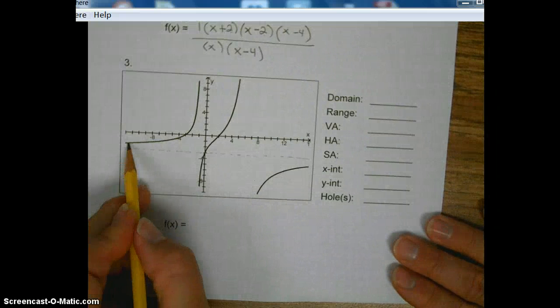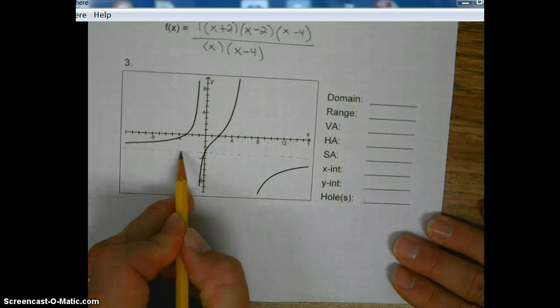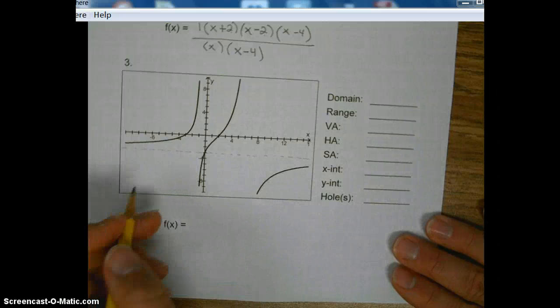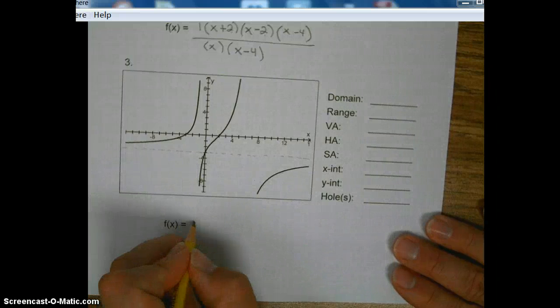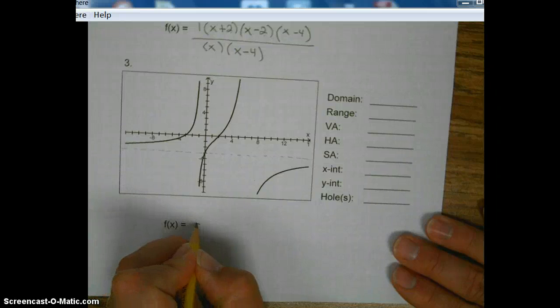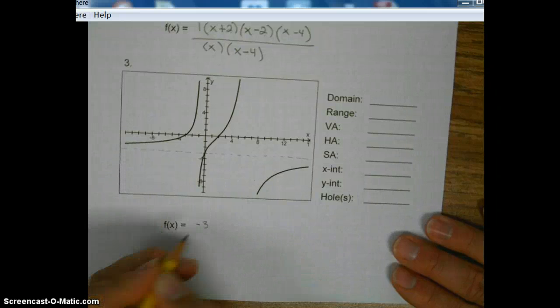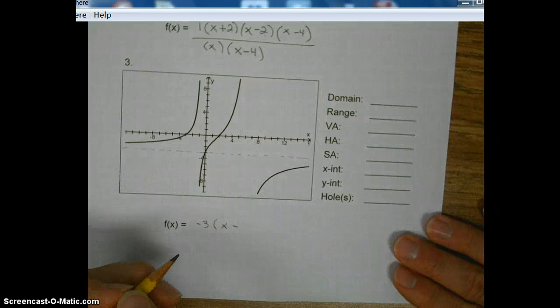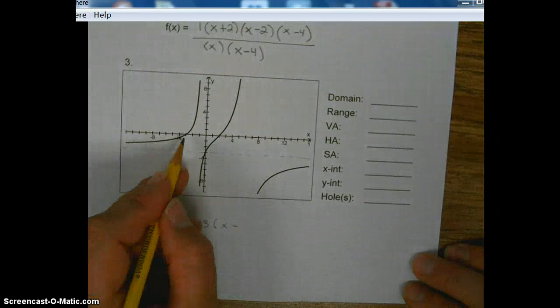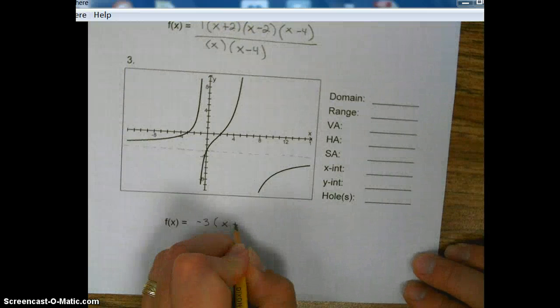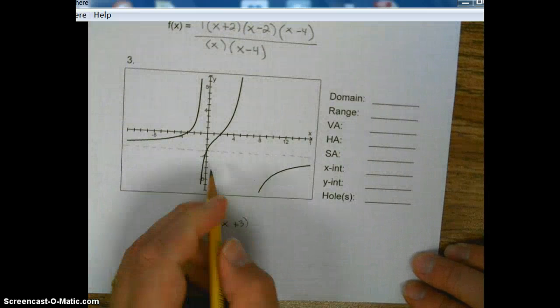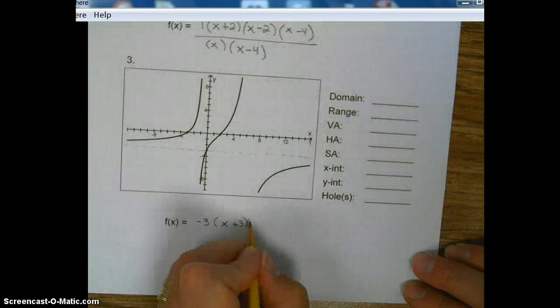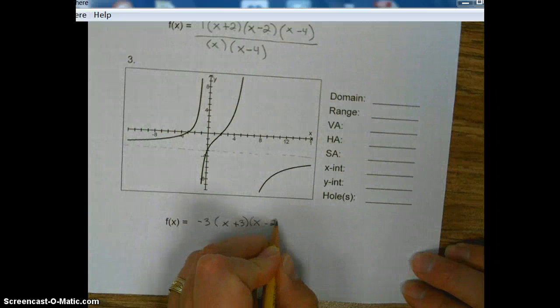So I eyeballed it. It looks like it's getting really close to it, so I'm going to go here with -3. So starting off with our A value, which is -3, times x minus our x-intercept. So we have x plus 3. Other x-intercept is 2, so x minus 2.